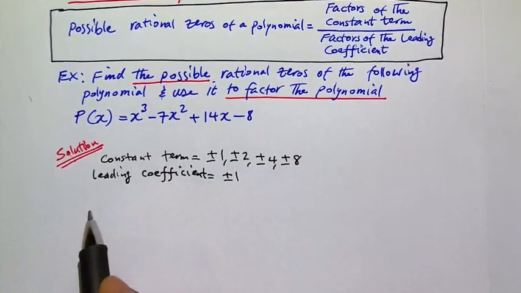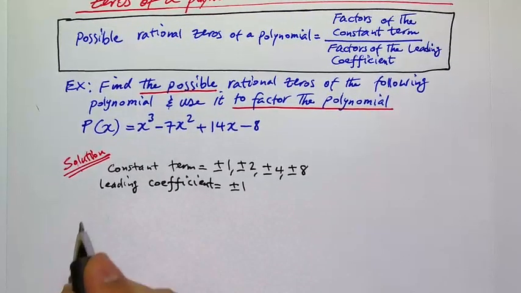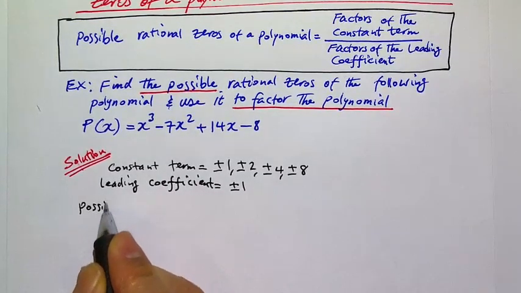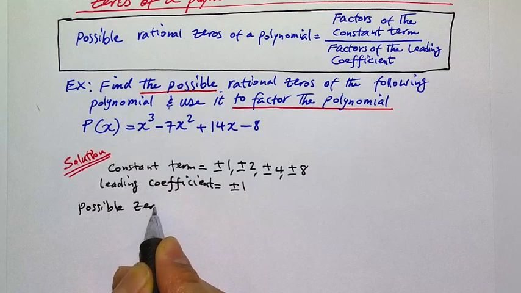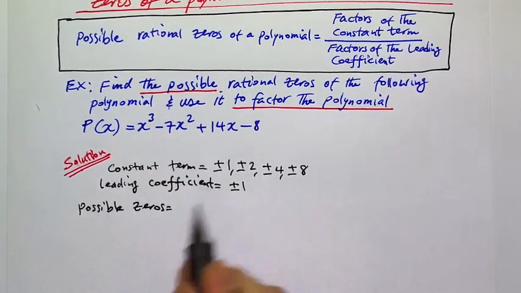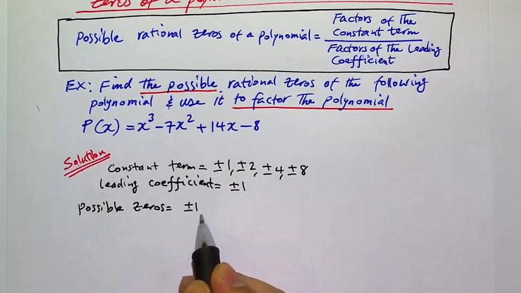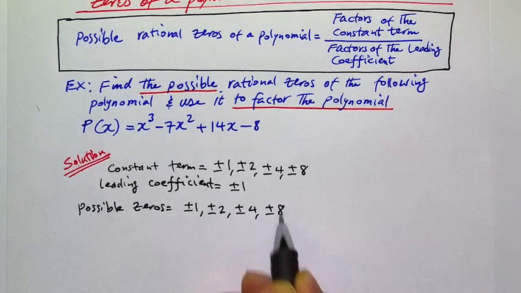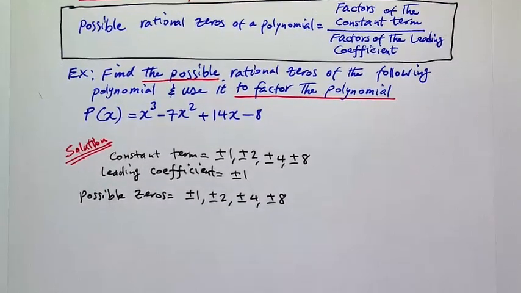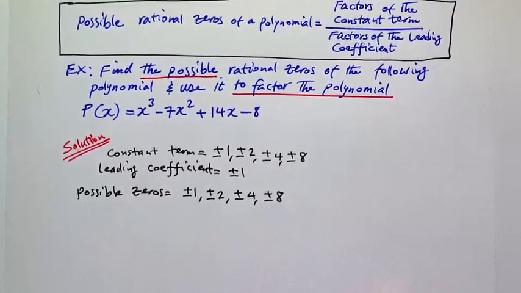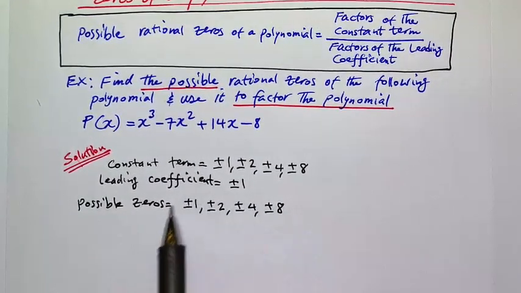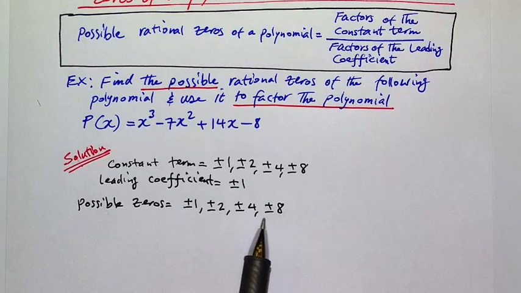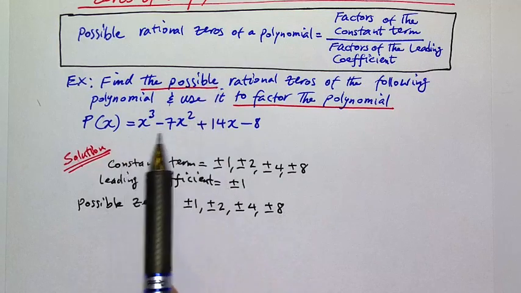Okay, so possible zeros are all of that. Like that. Okay. So now it's impossible for all of these to be the roots of the polynomial, right?